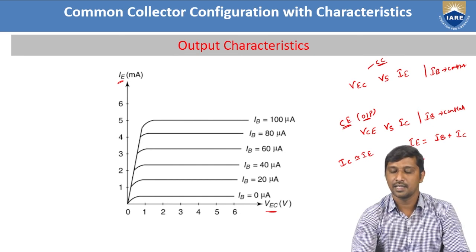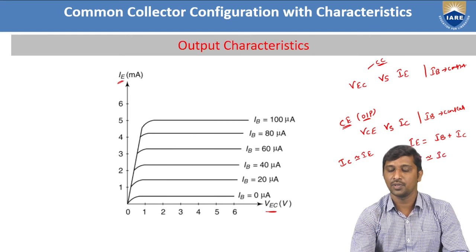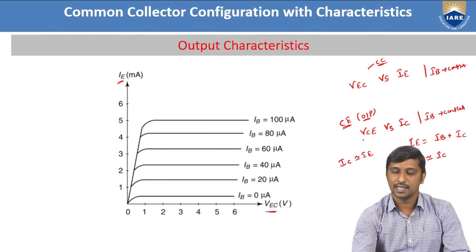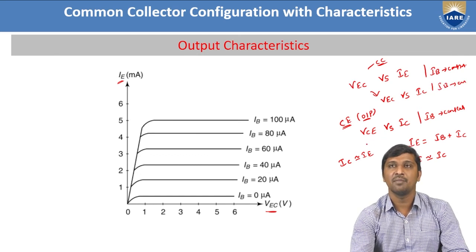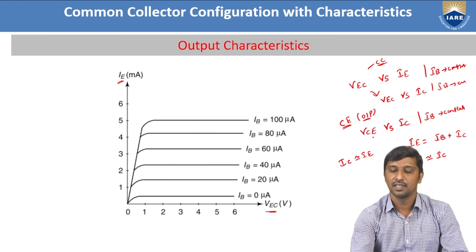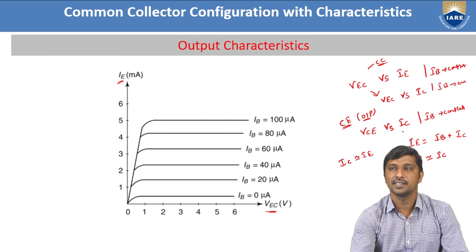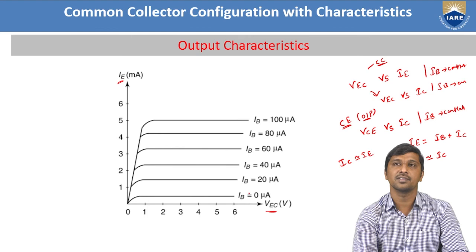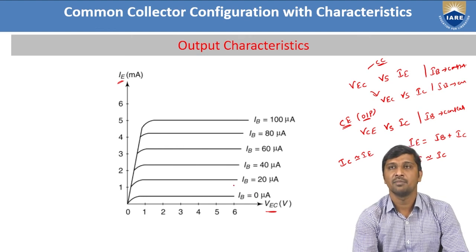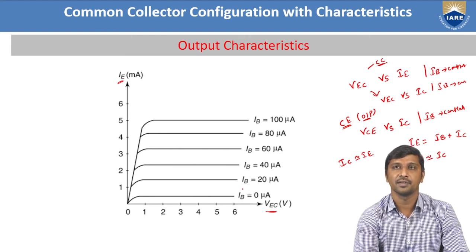Hence, IE is approximately equal to IC. So if you rewrite these characteristics, VEC versus IE is approximately equal to IC, keeping IB constant. In the common emitter output characteristics also, we plotted VCE versus IC keeping IB constant. That is the reason the output characteristics are similar to the common emitter output characteristics here.